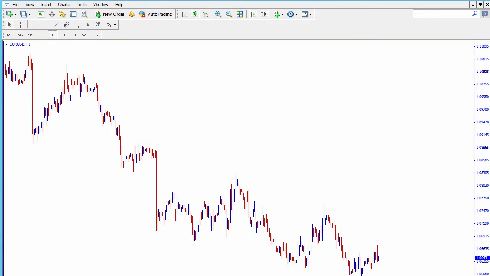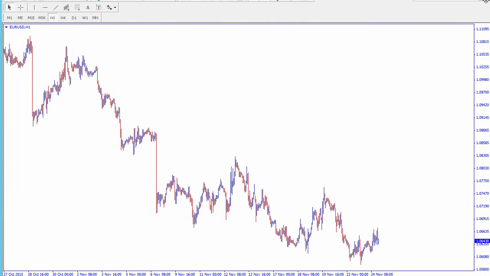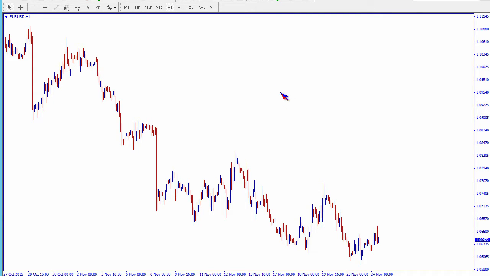I just want to get everything a little bit better than it was, so you just have to focus on the charts and my tools. I take this, put it here, give us a little more room to work with. And we can go through the different pairs.